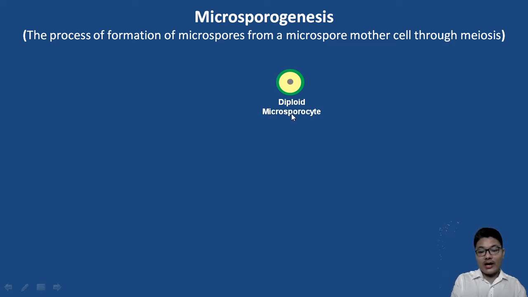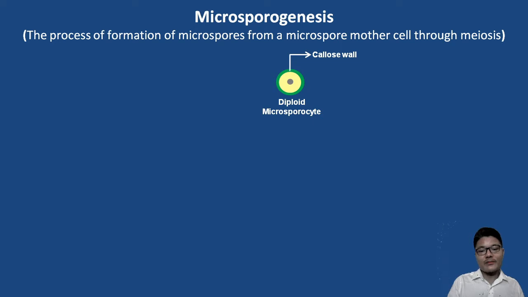So the microsporocyte is a diploid cell, and over here it is shown as the gray colored region. And this gray colored region representing the microsporocyte is surrounded by a wall. The wall here is a callose wall. So the callose wall is surrounding the diploid microsporocyte.